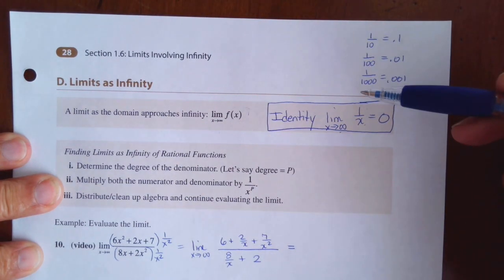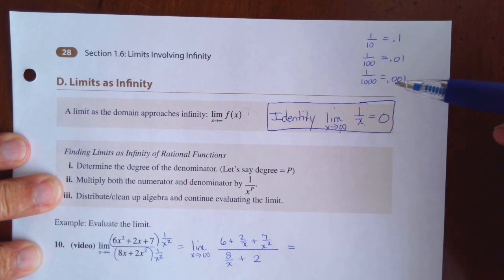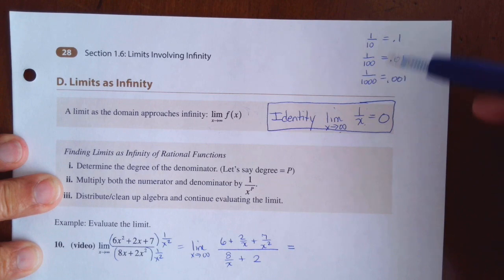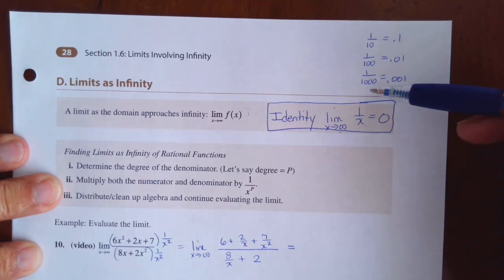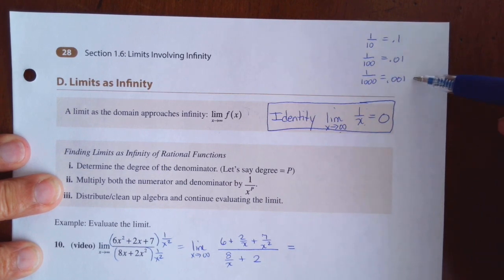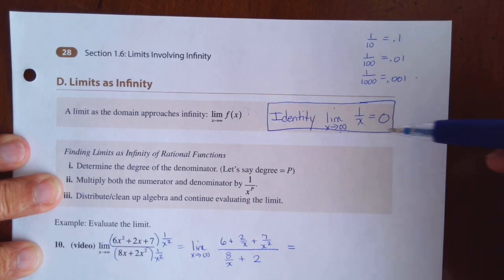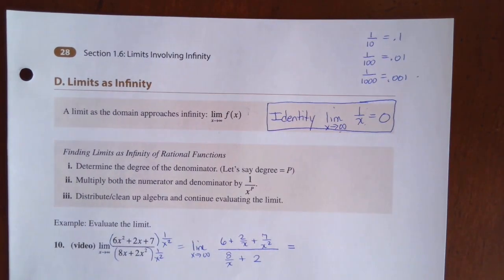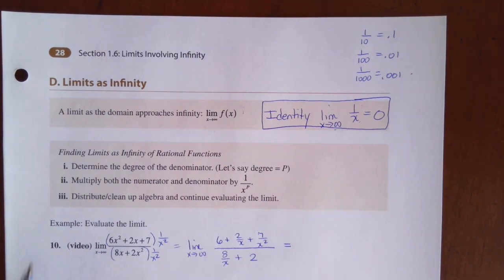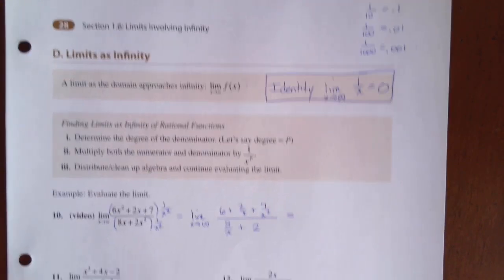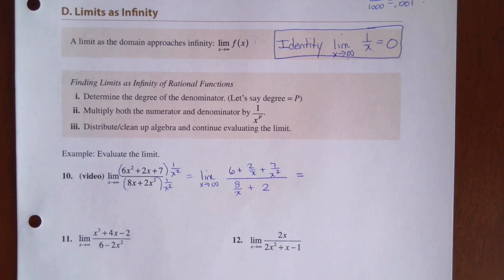So as the denominator of a fraction gets really big, the fraction goes to 0. Right? So the bigger the denominator in a fraction, any number divided by a huge number is going to be smaller and smaller and smaller. So this is an identity, and this is what we need to use moving forward, because that's what this whole process of finding these limits is about.